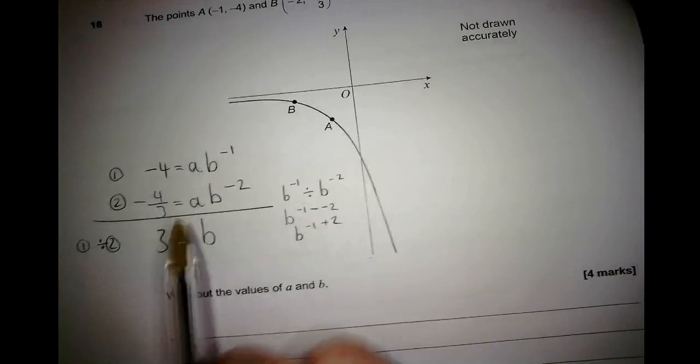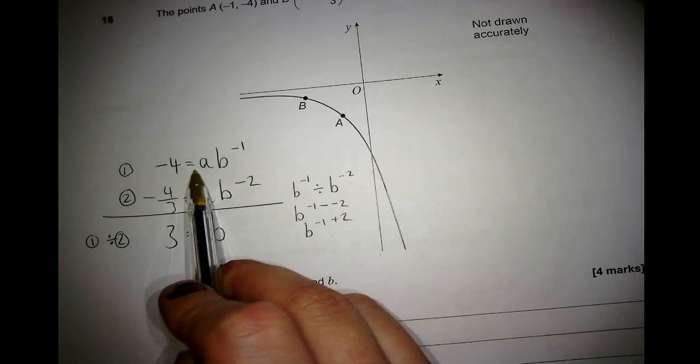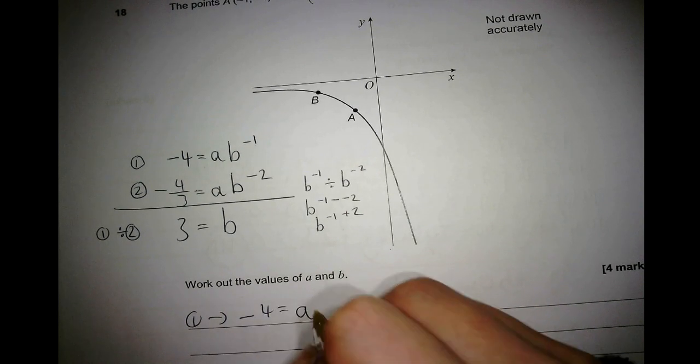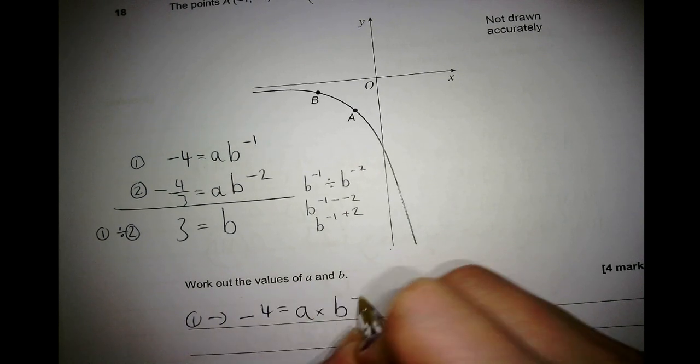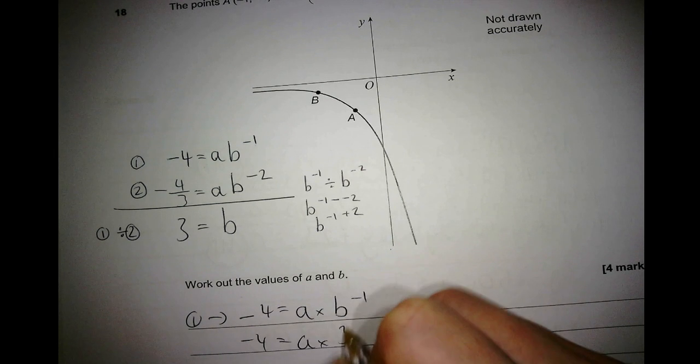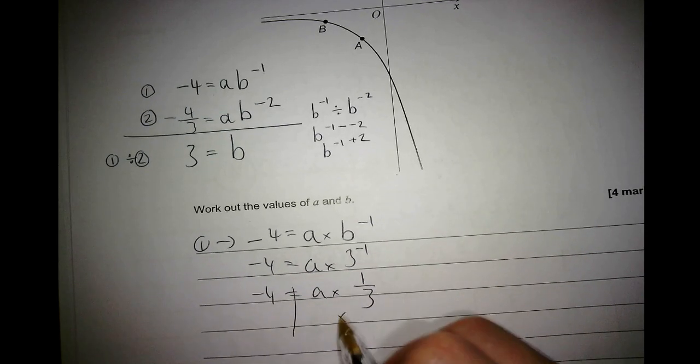And then I can sub back in to find a. Let's go with equation 1. So negative 4 is equal to a times b to the negative 1. So negative 4 is equal to a times 3 to the negative 1. Negative 4 is equal to a times 1/3. To get rid of a third, I'm going to times by 3 on both sides.